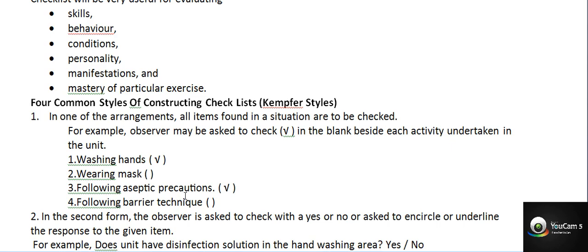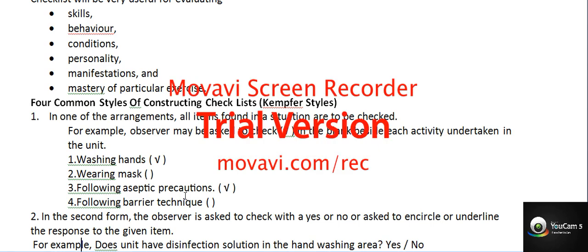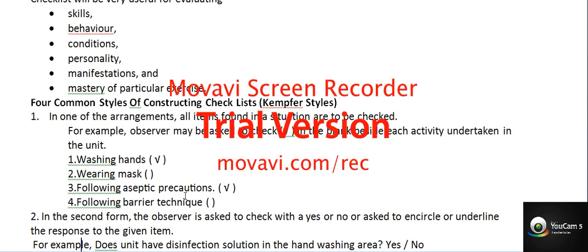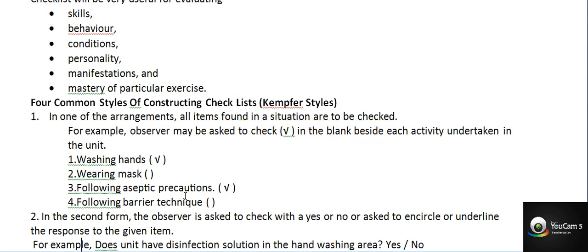For example, if you are going to do research on hand hygiene or hand washing by student nurses, you need a checklist to see whether they are using the proper technique of hand washing, and whether items like hand washing soap, solution, towel, and sink are available in the place. If you want to make all these observations, you need a checklist prepared before doing the research. So how can you construct a checklist?